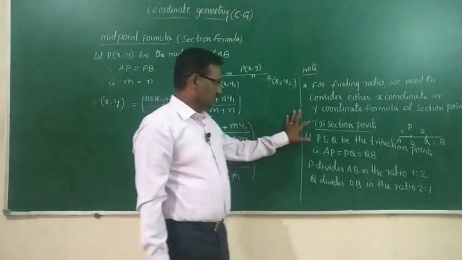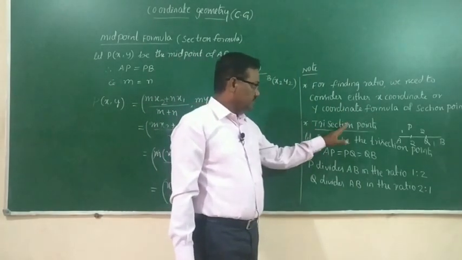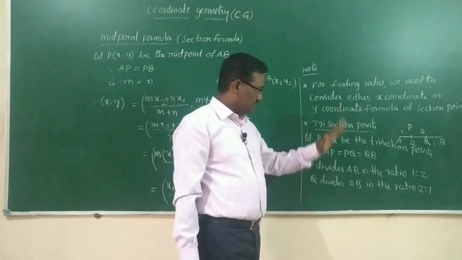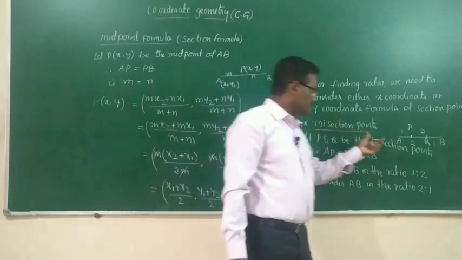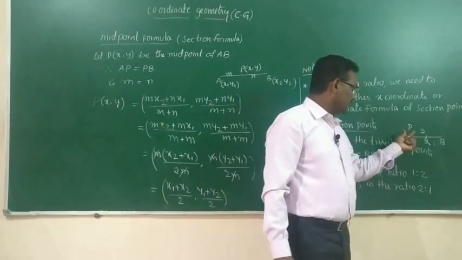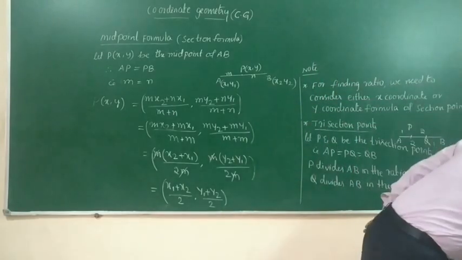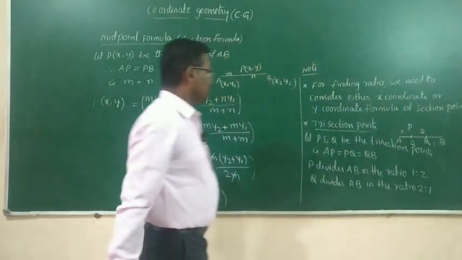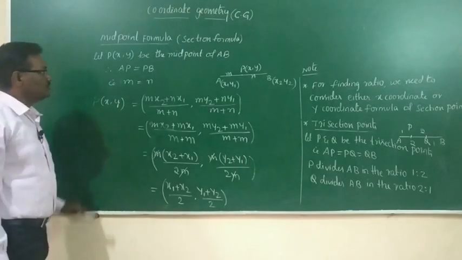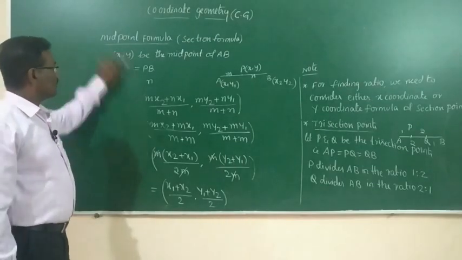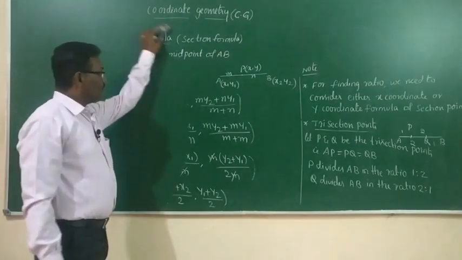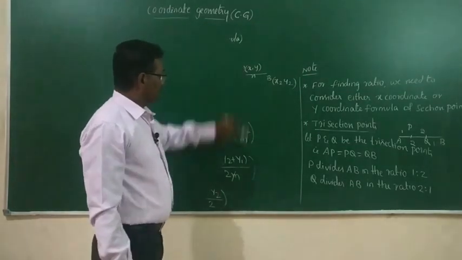So these are trisection points. Tri means three, section means parts. All the three parts are equal. So there is a line segment which is divided by the points P and Q in the ratios 1:2 and 2:1. And one more important thing here, four section points.